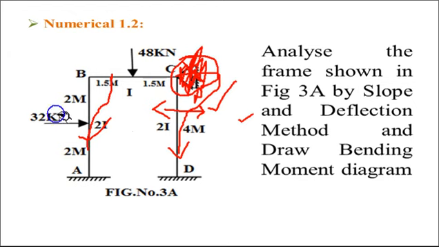So this becomes a sway frame in that case. Now if I remove this horizontal load and remove this support also, then in that case which type of frame does it become? Now you see there is a vertical load acting at the center of BC, which is 48 kilonewton. If only this vertical 48 kilonewton load is there, then it becomes again a non-sway frame because the load is acting along the gravitational force.